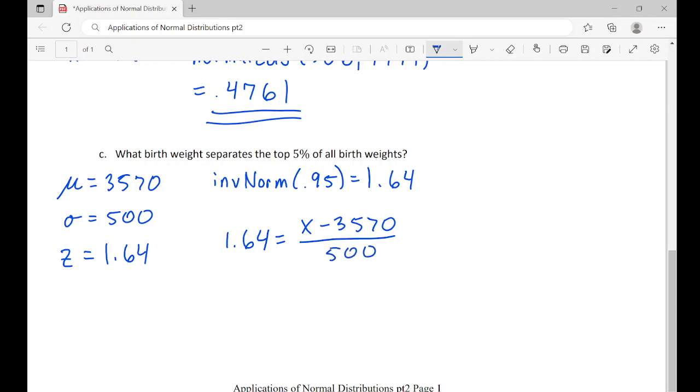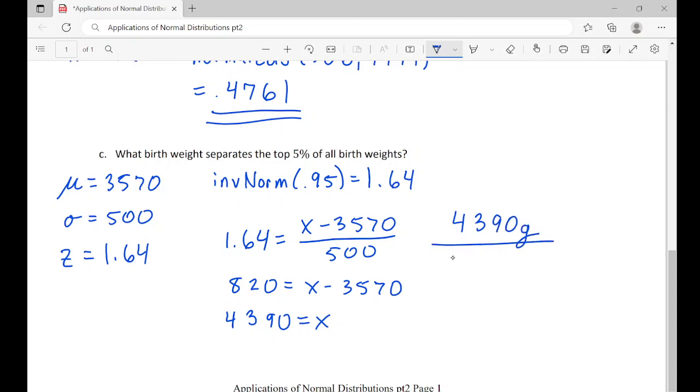So we're going to take the 500 and multiply it over by the 1.64, and we're going to get 820 equals x minus 3570. And then we're going to add 3570 to the 820, and we're going to get 4,390 as x. So what birth weight separates the top 5% of all birth weights? 4,390 grams.